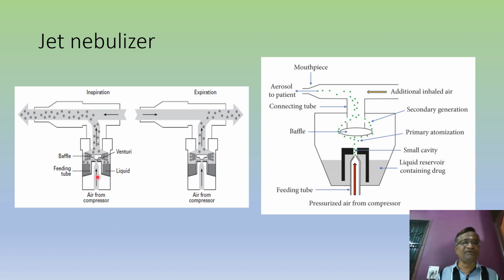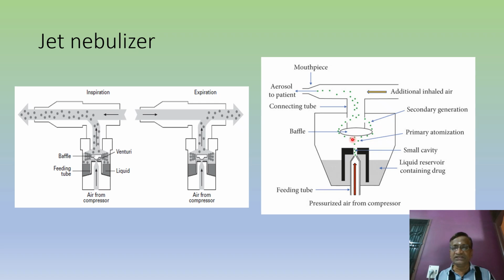Now you can see air from the compressor, the baffle is created, and the patient inspires. Some nebulizers have a cone like this. If you don't have the cone on the nebulizer, it may not work properly. So it is needed, and it channels the rise of the fluid because of the low pressure created here.